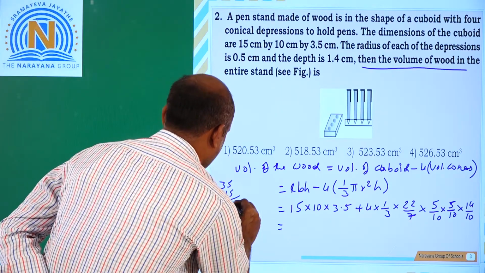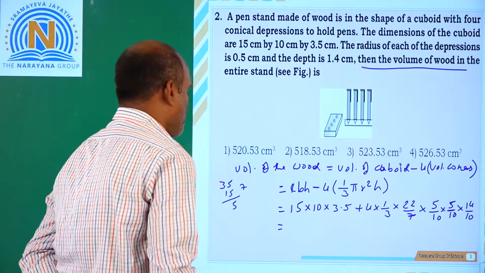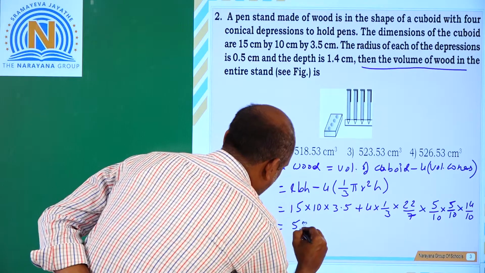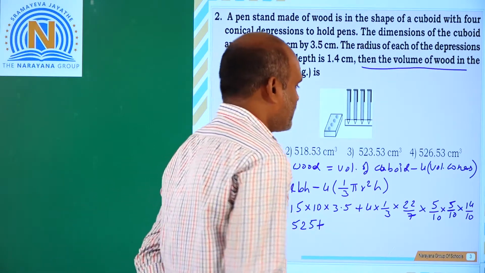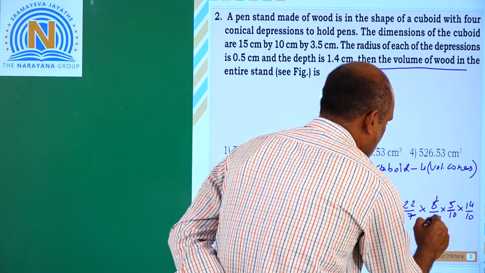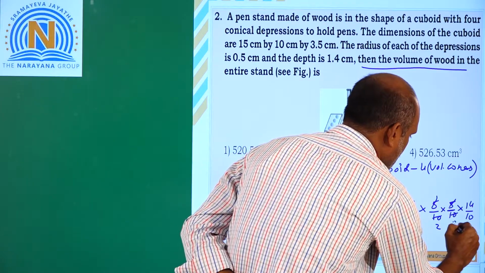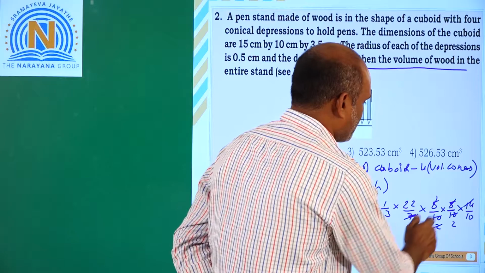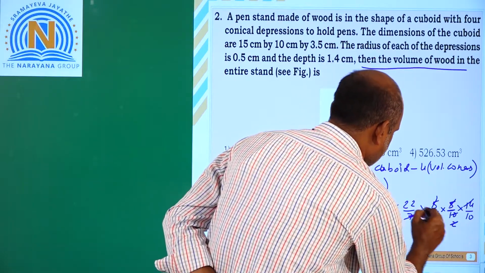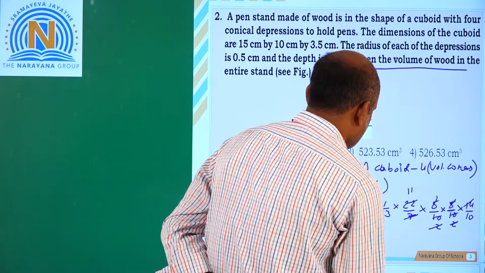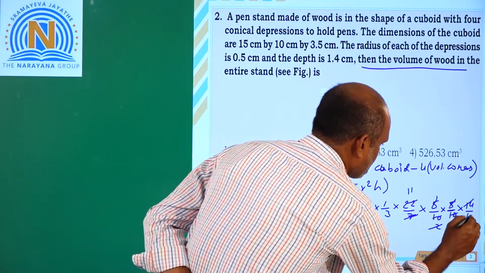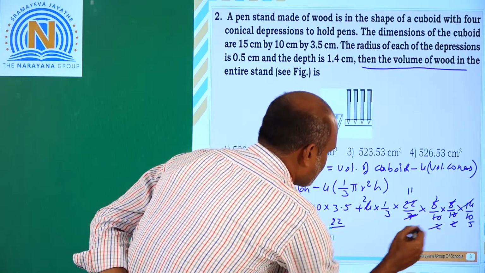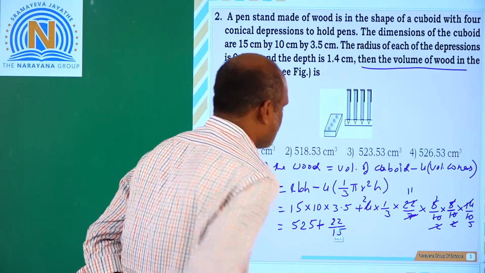5 15s are 75, 3 15s are 45, 45 plus 7 is 52, that is 525. Then the second term, where common factors cancel, 7 and 14 get cancelled. So 2 into 11 is 22, divided by 3 into 5, which is 15.